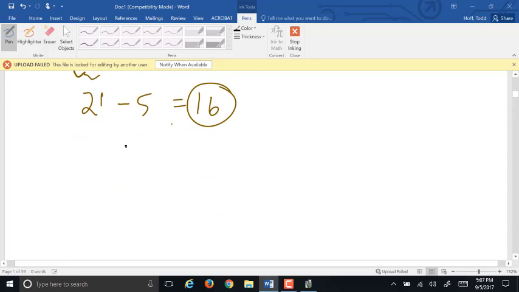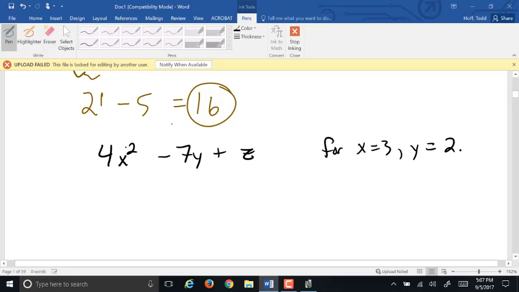We might have 4x squared minus 7y plus z, for x equals 3, y equals 2, and z equals 5. So same thing, we're going to replace each variable with its corresponding numerical value.